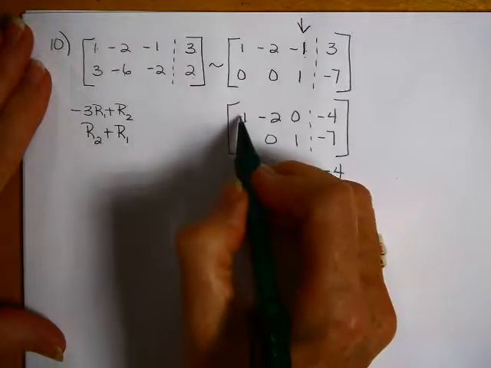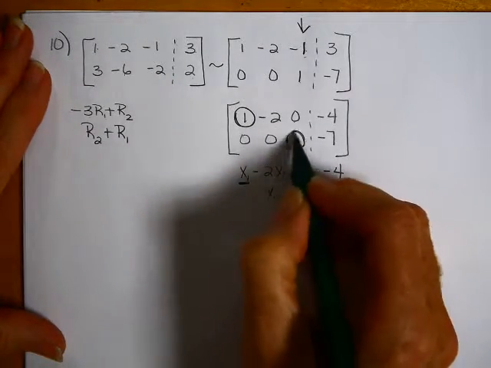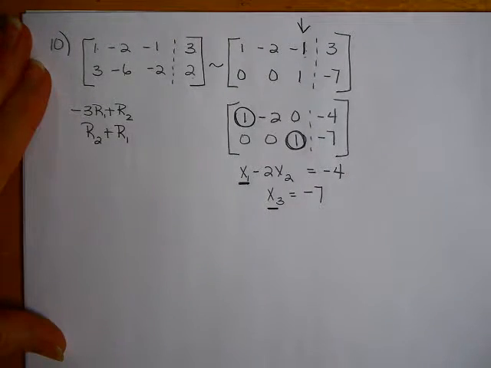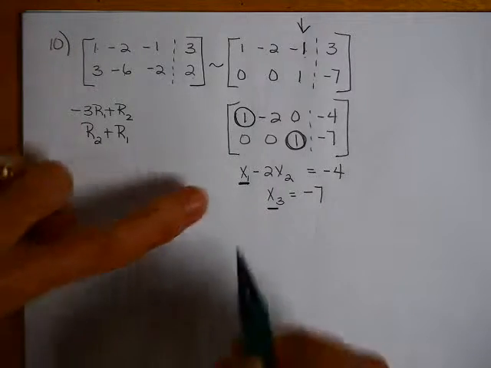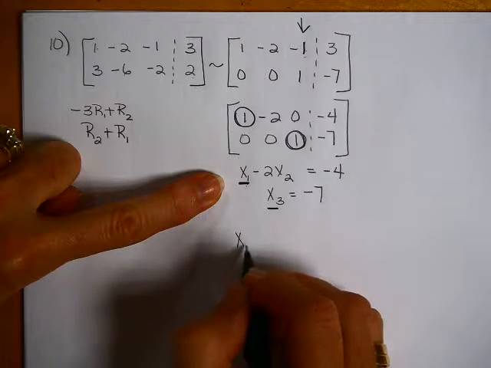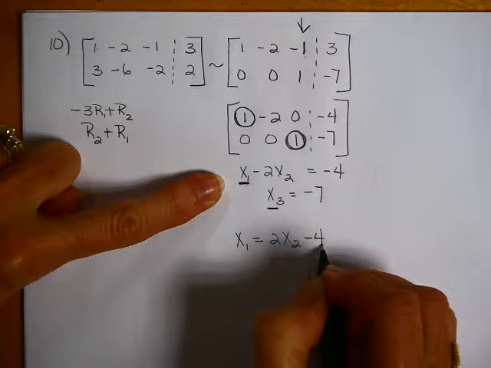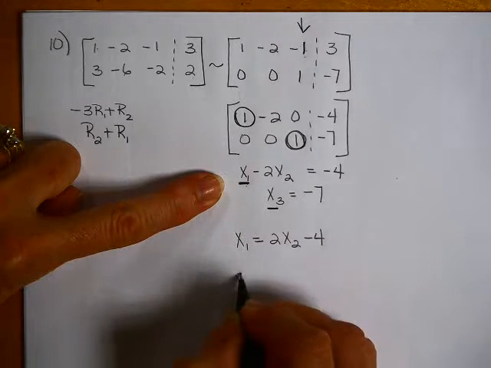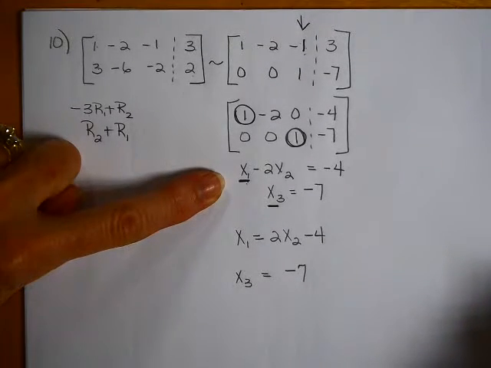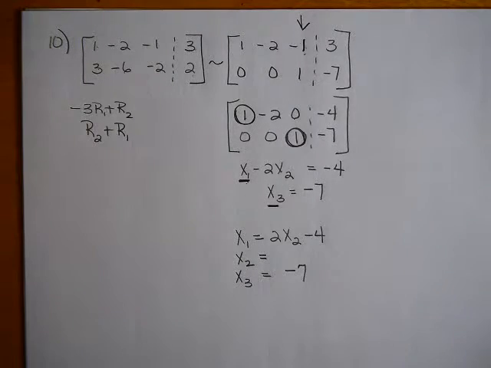Where were your pivots? There's a pivot right there for x1. There's a pivot right there, which is your x3. Those are the two things you have to solve for. So I need to rewrite this one: x1 is equal to 2x2 minus 4. x3 is equal to -7. x2 has got to equal something.